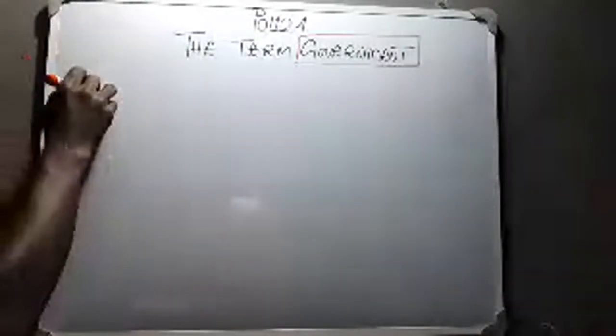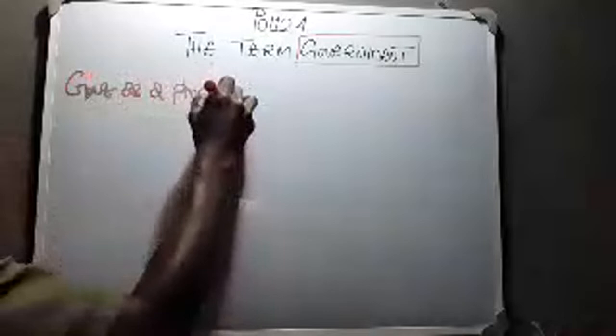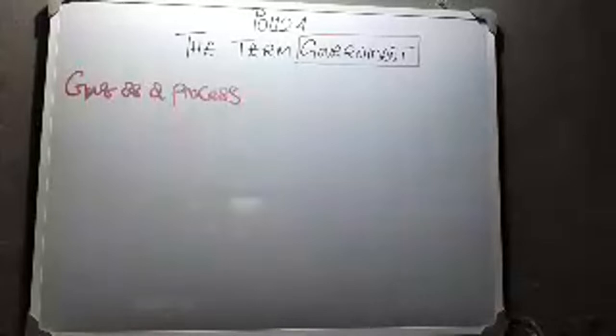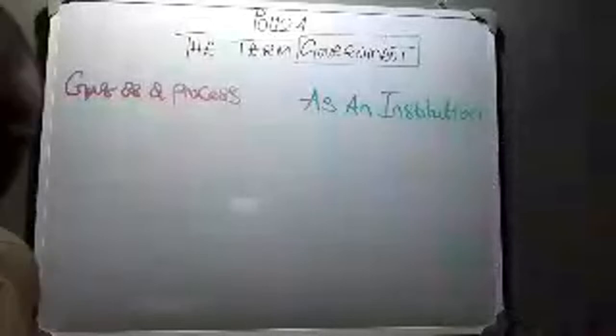Government in three different forms. Now let's look at government as a process, as an institution, and as a field of study.